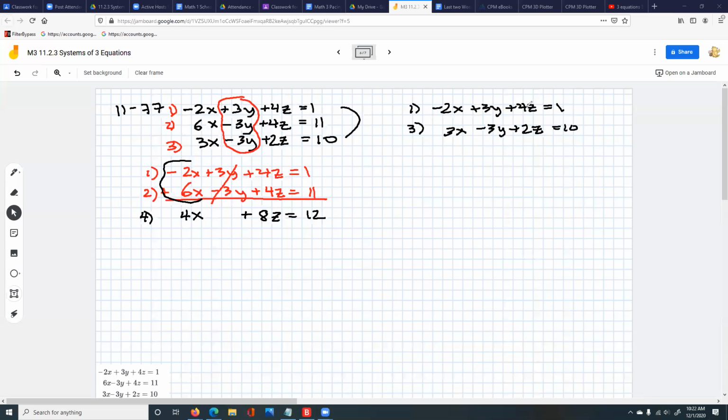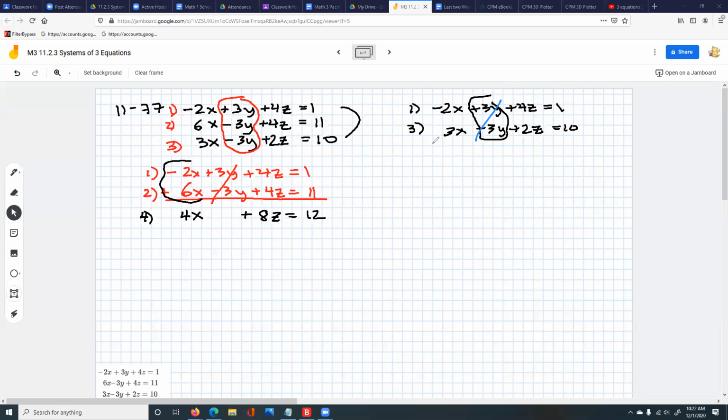Okay, I picked 1 and 3 because what's going to happen with the y's right here? They're going to cancel, right? And you have to cancel the same variable that you canceled last time. I canceled the y last time. If you cancel the x's instead, then you'll get a yz equation, and that will be no good because you'll have an equation with a y and a z, and it won't cancel with this one.